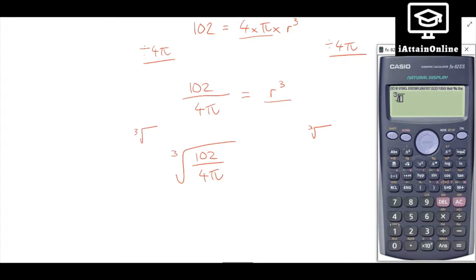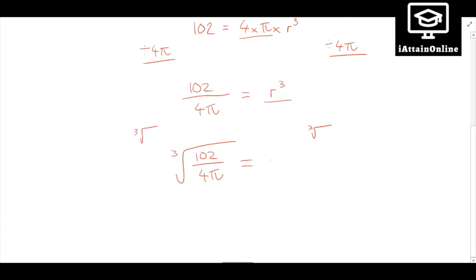So you need to press Shift and then that one there. Now inside the cube root, I'm going to put the fraction button, and then I'm just going to write 102, and I'm going to divide that by 4 pi, go to the end and then press equals.